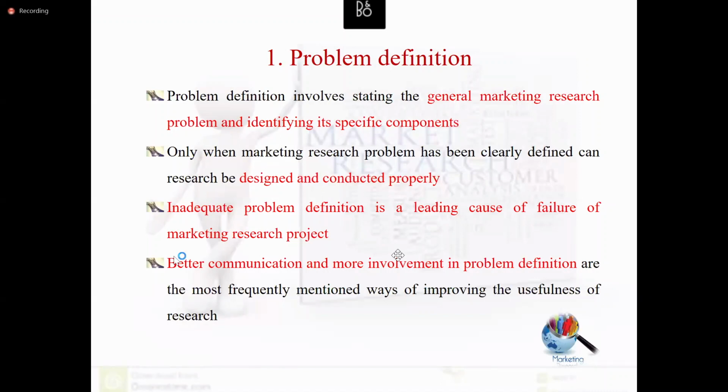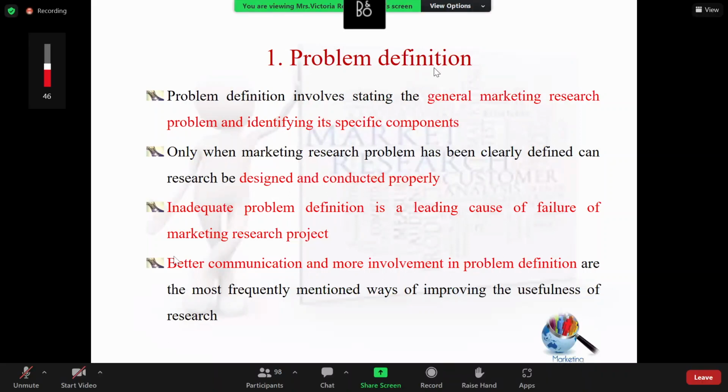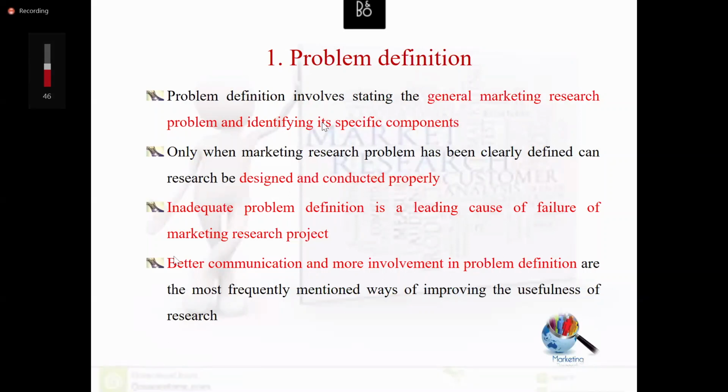In the problem definition, this is what the process really involves. We cannot confine ourselves to a general problem, but we have to put it into specific components.